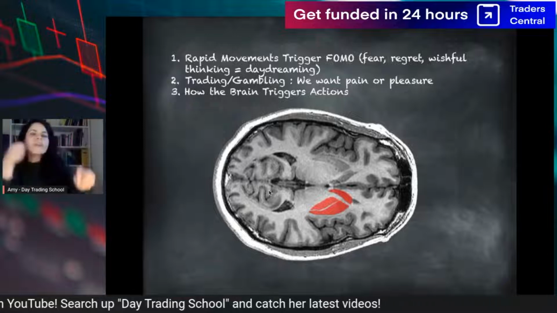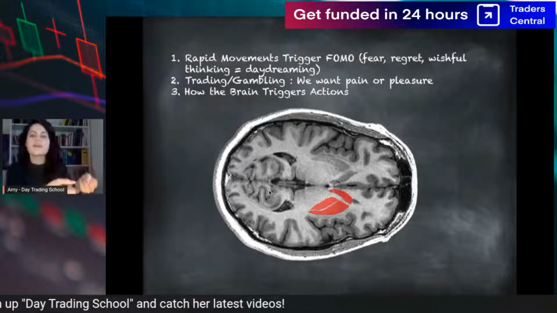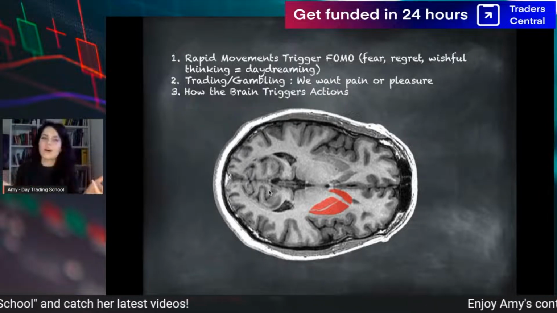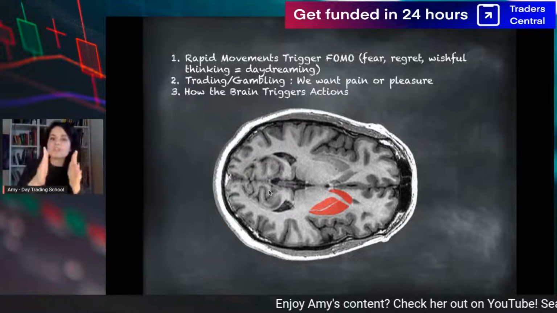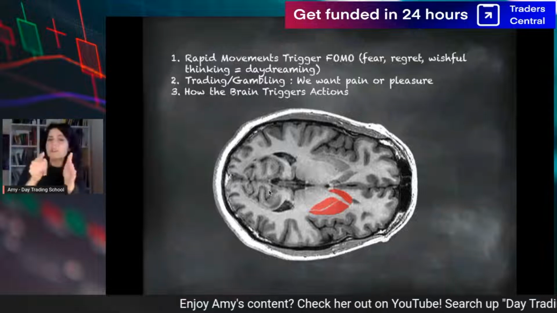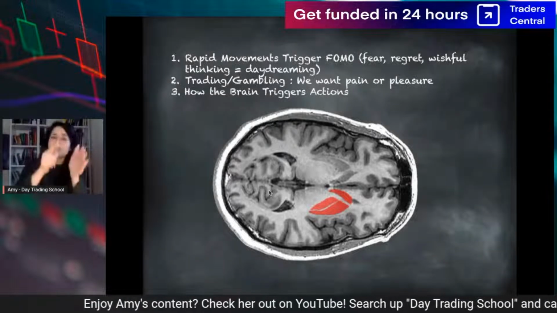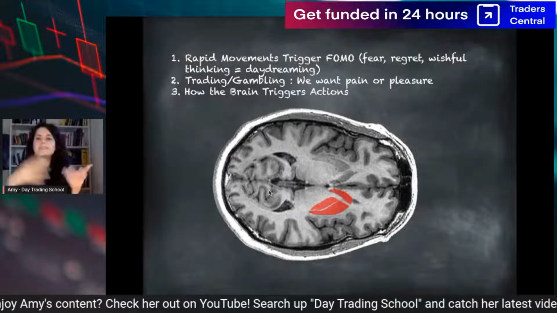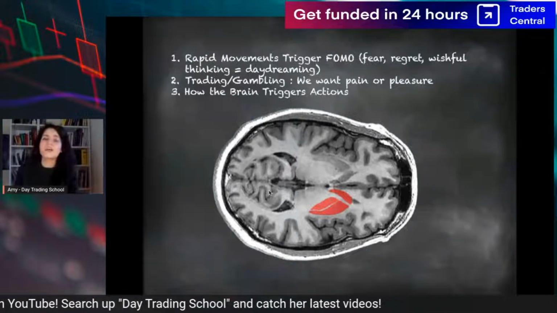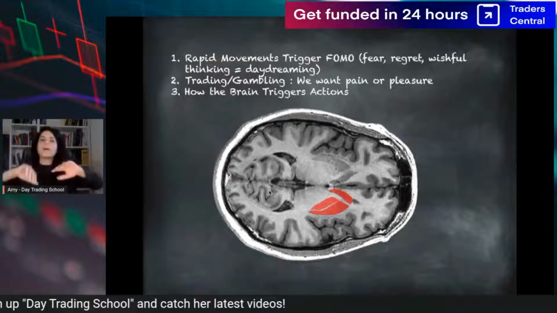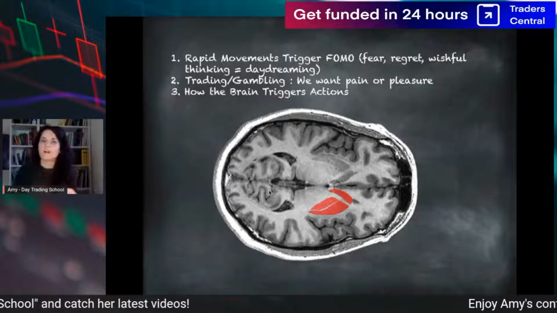So trying to fight these emotions is not going to work. Fear is usually there. Biologically seen, fear is actually a good emotion, because it protects you from being eaten by something, for example. It protects you from dangerous situations. So that's the reason why fighting it doesn't work.